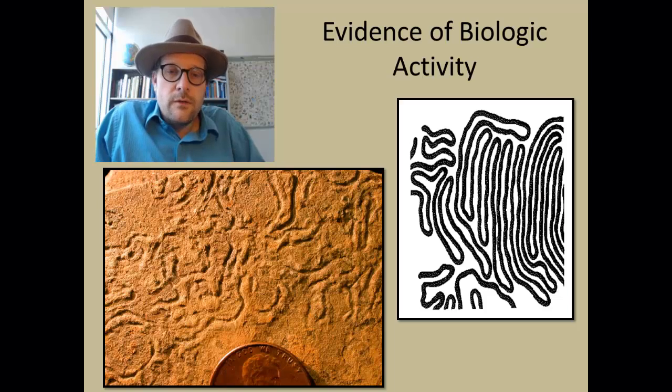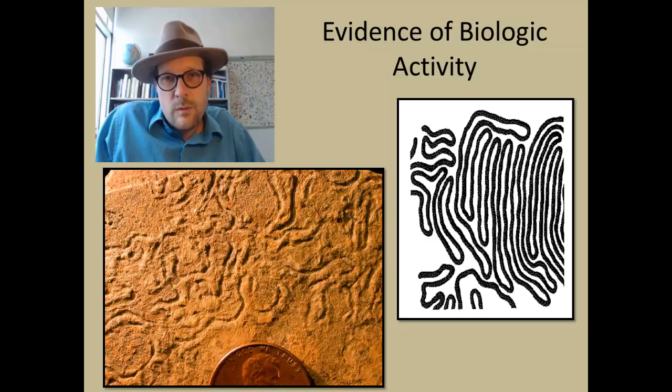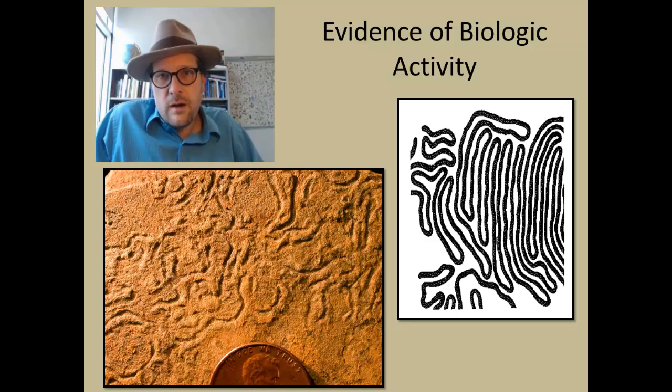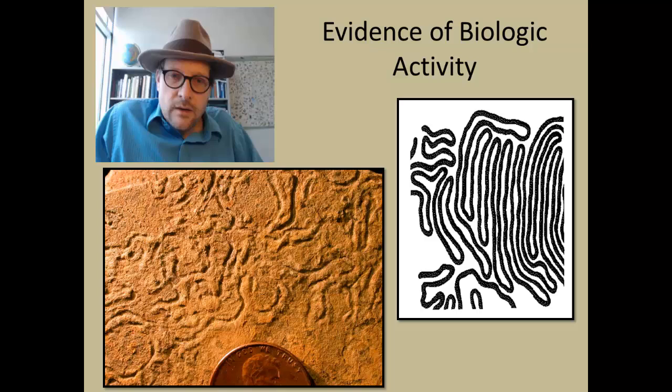So one of the things you also want to look for is not necessarily just fossils, but also trace fossils or evidence of biological activity. That's going to be very key to reconstructing ancient marine environments. So trace fossils, we'll be spending more time on trace fossils later on this semester, are really important. So these are marks that are left behind of snail grazing.